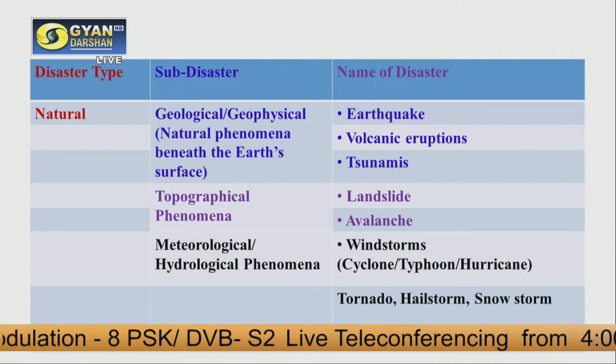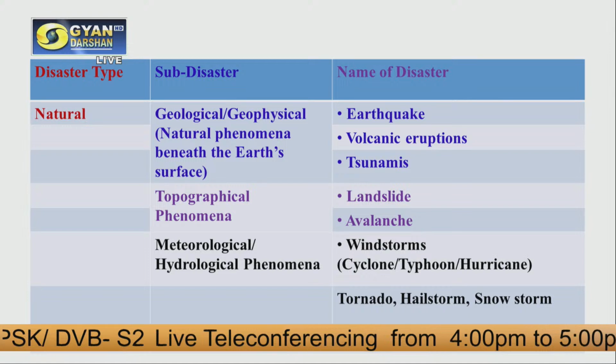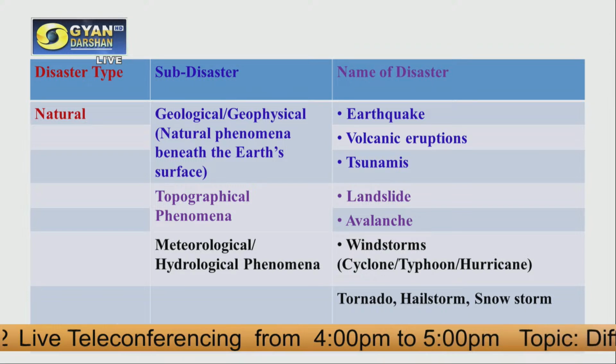It may go up to 10 or 20 meters high. Because all the actions or disturbances here occur beneath the surface, all these disasters come into the subcategory of geological or geophysical disasters. Then the second subcategory or sub-disaster is topographical phenomena.